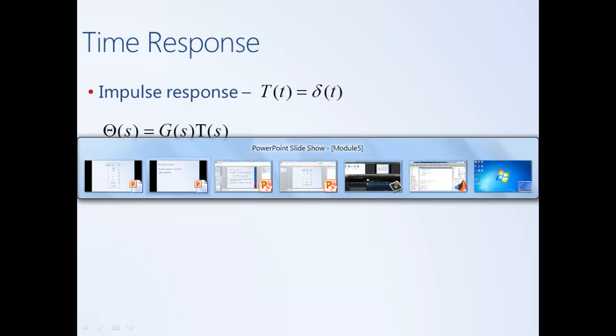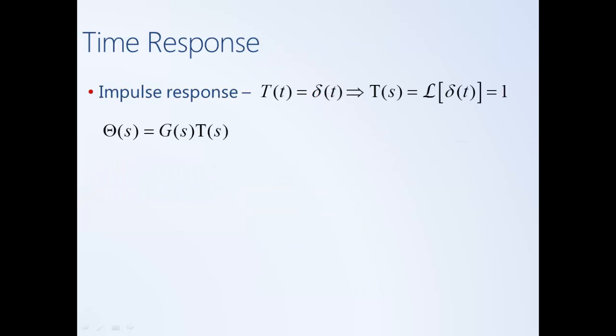So we substitute in our expressions for T of s and G of s, and that gives us the expression for theta of s. I'm going to substitute some numbers for J, b, and k in order to make things a little bit easier. So let's assume that our expression for theta of s has that form.